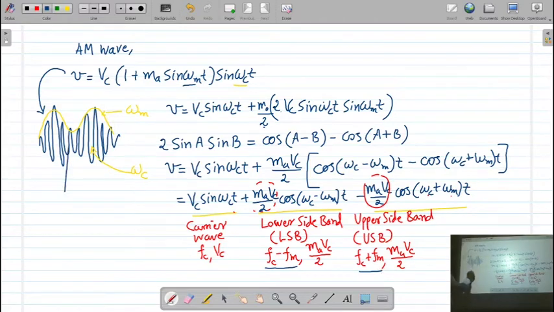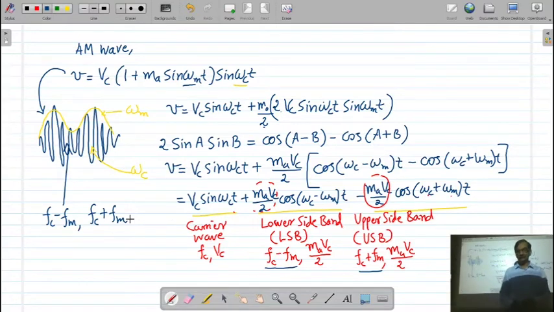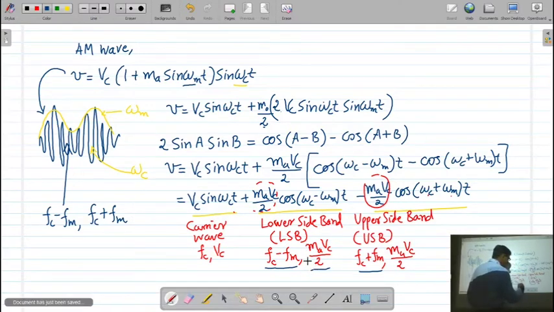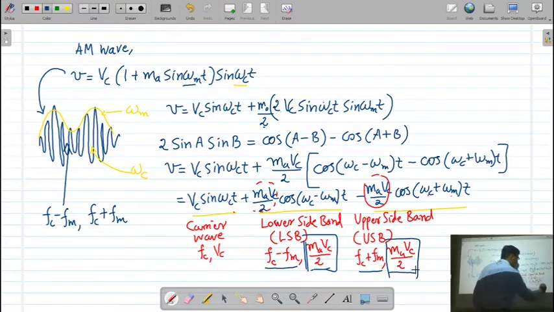So during this modulation process, the two sideband frequencies are generated and the amplitude of these sideband frequencies is identical, Ma Vc by 2.